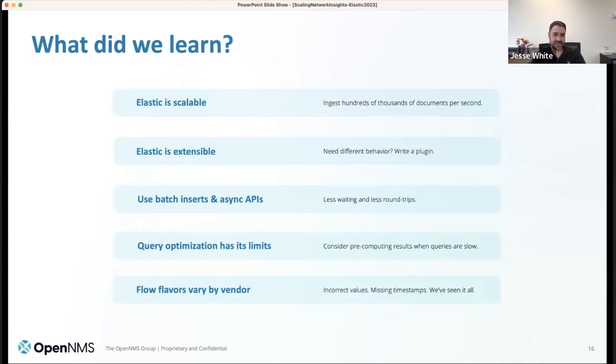And finally, a note on flows. Even though there are standards, they do differ greatly by vendor, with slight implementation details, missing values, missing timestamps, you name it, we've seen it. In some cases, we even found bugs in large network vendors' equipment.